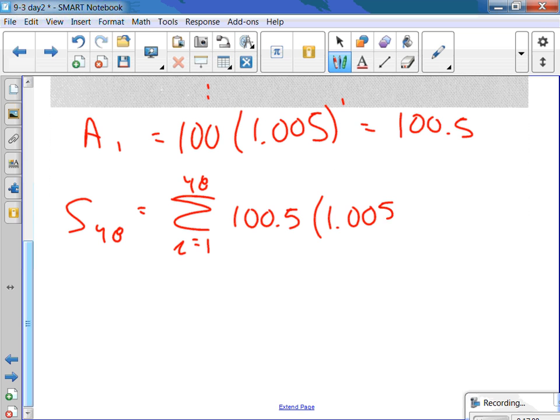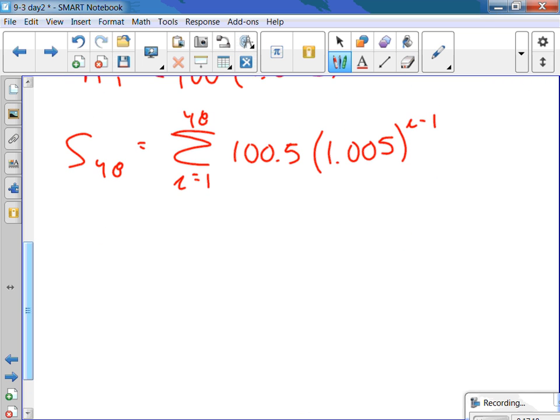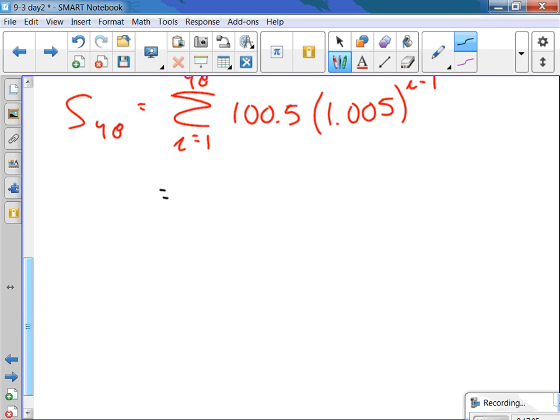This is what we're trying to find, right? That's my summation notation. Is there a formula for this, or do we want to calculate all of these 48 terms? If you got nothing else to do, calculate all 48 terms. Or else we can use what? A1 times 1 minus R to the n divided by 1 minus R. So my A1 again is 100, 1 minus 1.005 to the what power?